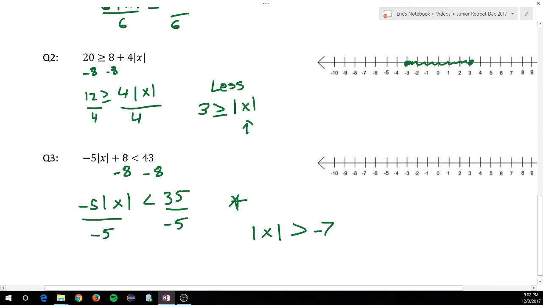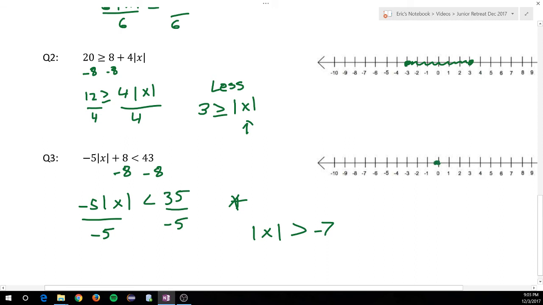Now, this is a funny situation. You have to be greater than negative 7 away from 0. This technically means that everything works. Because you know what's greater than negative 7? Negative 5. You know what's also greater than negative 5? Negative 1. And what's greater than negative 1 is 0.